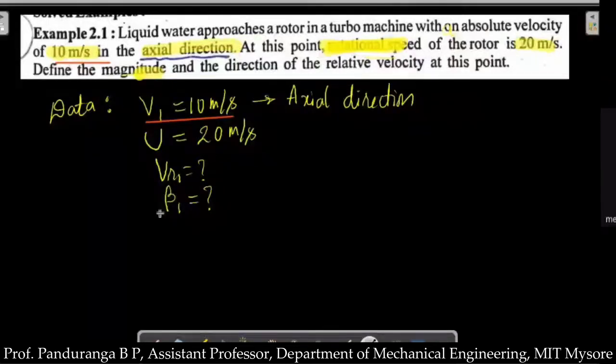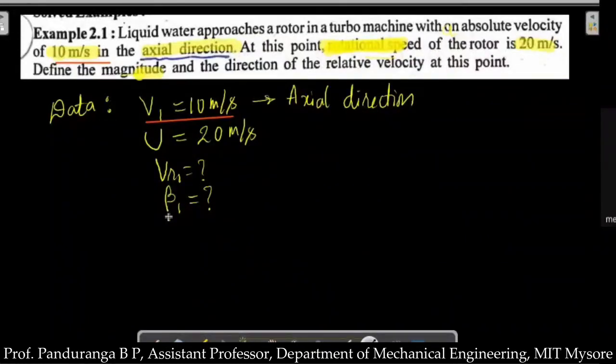As I said, beta 1 and beta 2 are the angles of the blade, that is the moving blade, and alpha 1 and alpha 2 are the angles of the fluid at the inlet and outlet. Those two are fluid angles or the nozzle angles, and beta 1 and beta 2 are the moving blade angles.